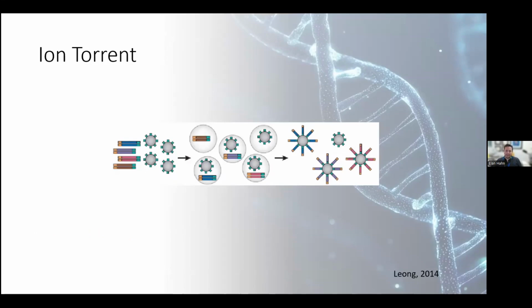For Ion Torrent, we amplify through emulsion. So we have beads that are coated with primers that are complementary to the adapters that we added on. The DNA library and beads are mixed just right at a concentration where these droplets contain one piece of DNA, one bead, and they'll have all the ingredients for a PCR in there as well.